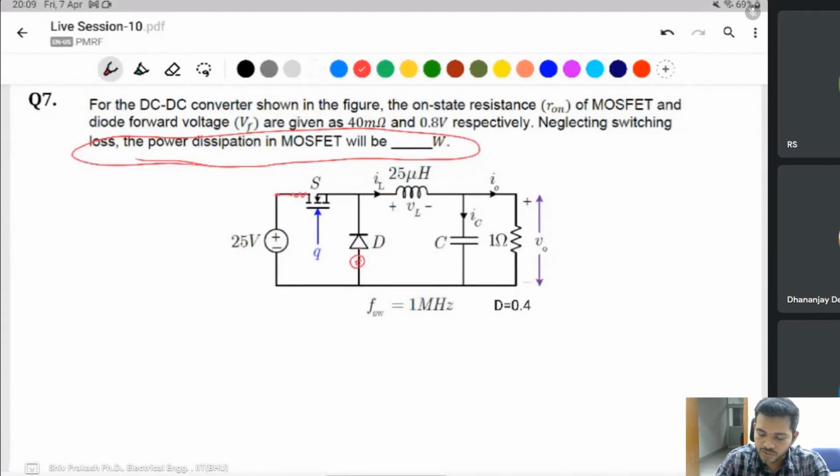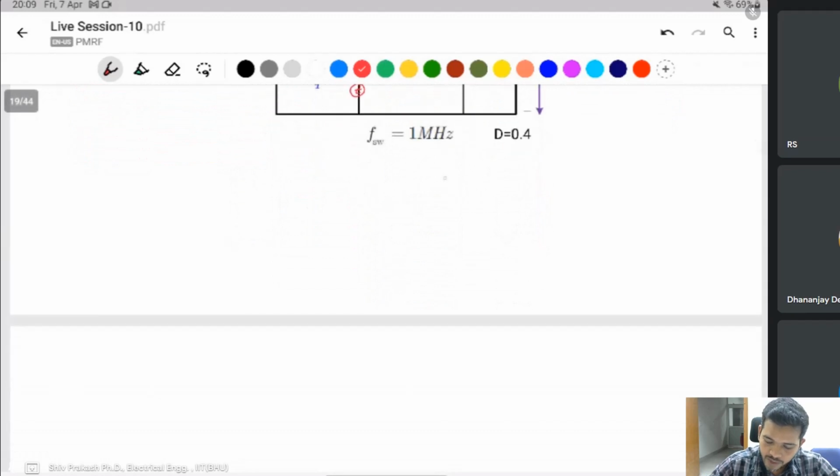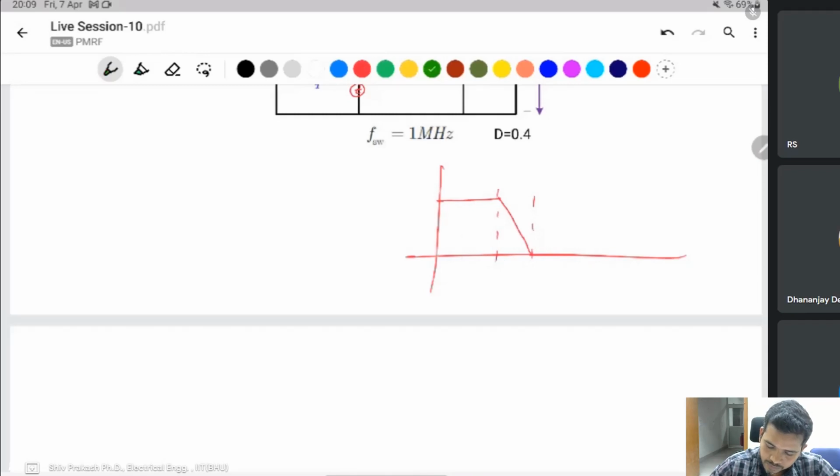Switching loss occurs during the on and off time periods, when there is a current and a voltage during the on time. The same thing occurs in the off time period.